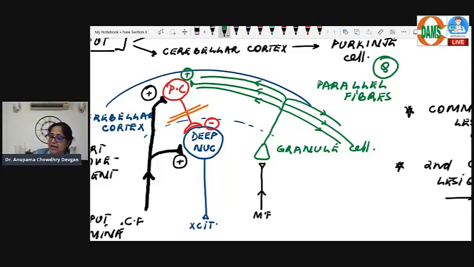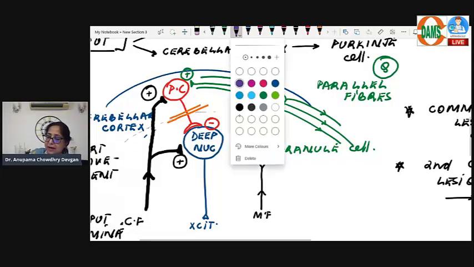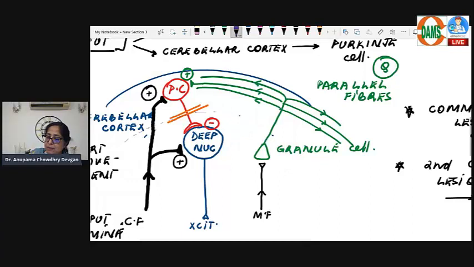Granule cells are excitatory. So the parallel fibers which run in the cerebellar cortex are formed by the fibers of the granule cell.